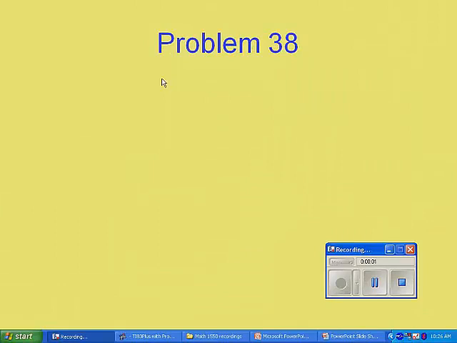This problem, number 38, addresses a question that many of you have had for weeks. But it doesn't quite tell you that it's addressing that question yet. But here's the problem.